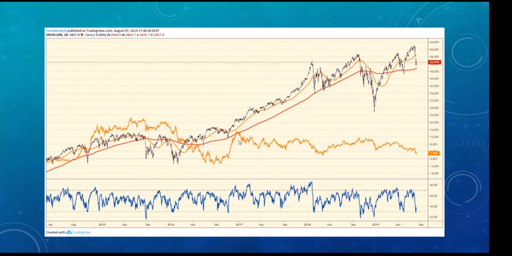Since the beginning of 2017, we've seen a continued rise in the S&P, but the dollar yen has basically gone flat. So when you have this normal correlation of the dollar yen and the S&P moving together, you see that divergence has really taken hold since the beginning of 2017.